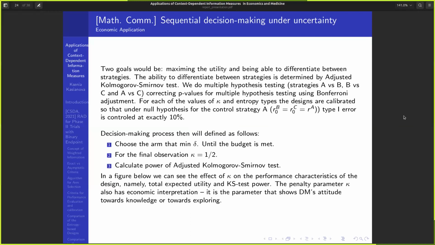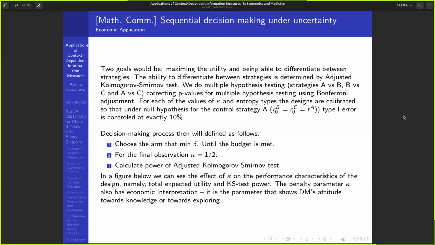And to check whether we are actually working with the desired distribution for each strategy or not, we can use the Kolmogorov-Smirnov test. And using this, we will calculate power, which is our one goal. And the second goal will be maximizing utility or expected utility.